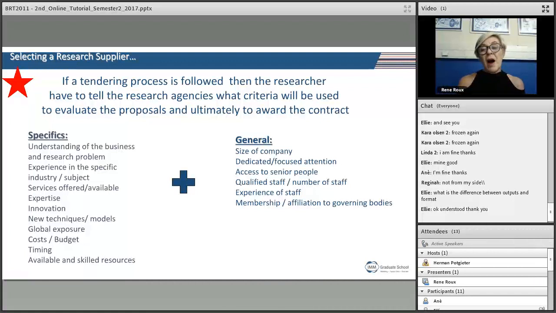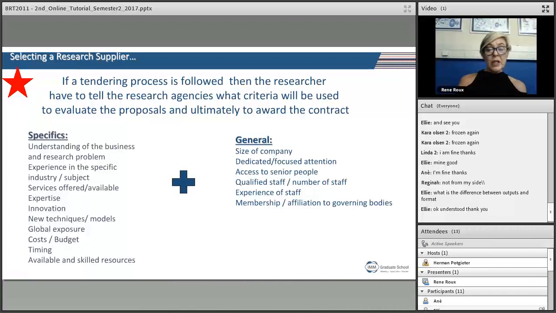The staff. How many people will work on your project? How qualified are they? What's their experience? Usually, at the end of a proposal, they will put a small write-up on each person in that project team. So they will say the research director, so-and-so, this is their qualifications, this is their experience, and this will be the role in this research project.